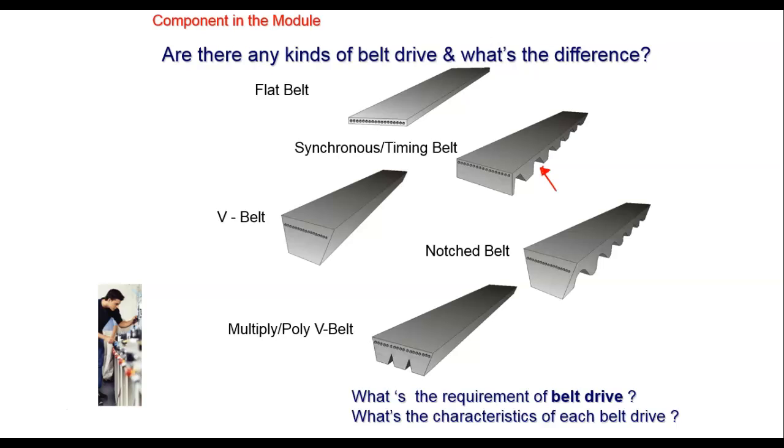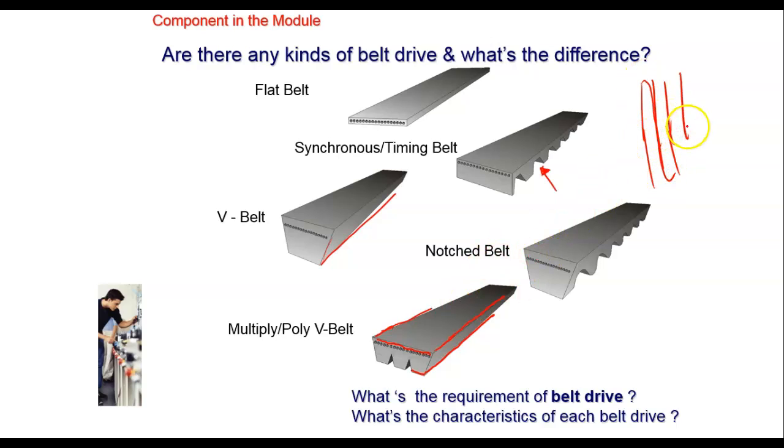Multiple ply belts. By the way, how much you can actually pull depends on your width, right? And then how much is actually in contact with your pulley. So you'll see a lot of times where they use multiple V-belts, and they'll have multiple wheels, and they'll run several V-belts coming through here.